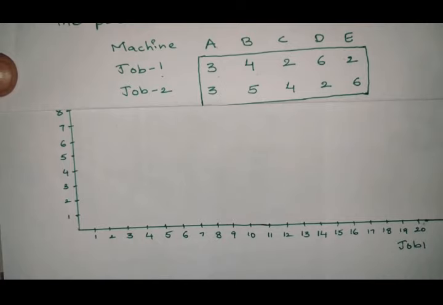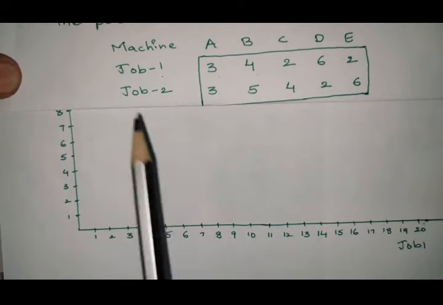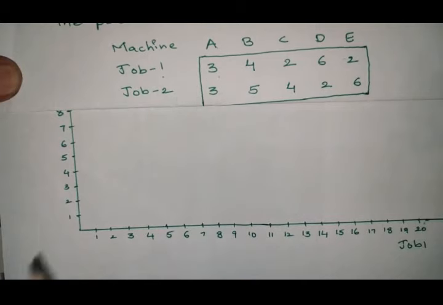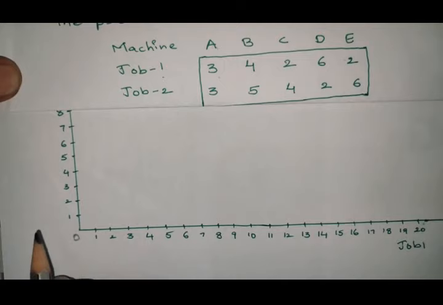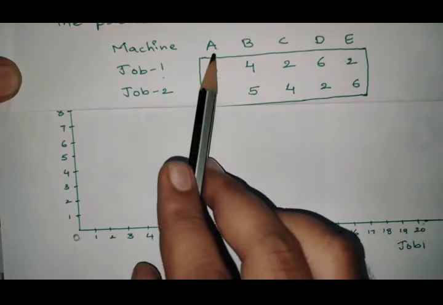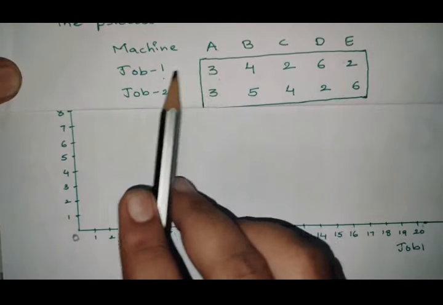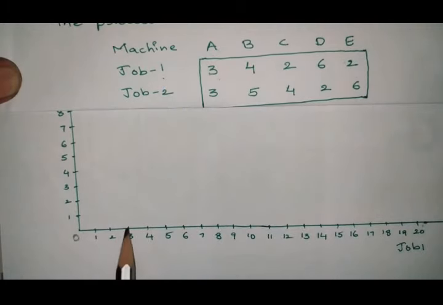For job 1, we start at 0. Machine A takes 3 hours on job 1, so 0 to 3.